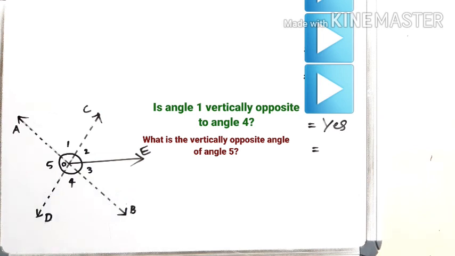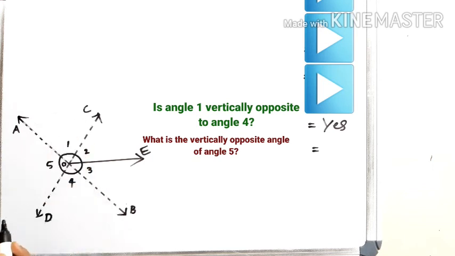Next, last question. What is the vertically opposite angle of angle 5? Can you see here angle 5? Yes. Angle 5 represents angle AOD. Angle AOD is vertically opposed to angle BOC, right?